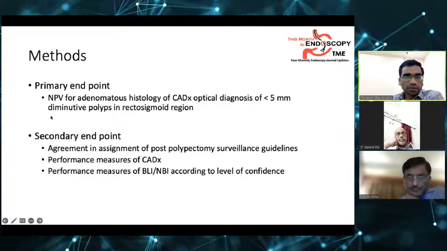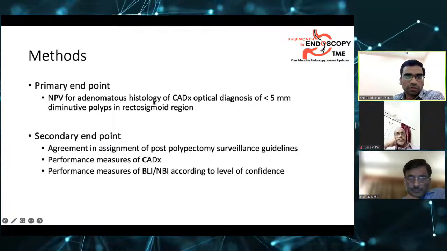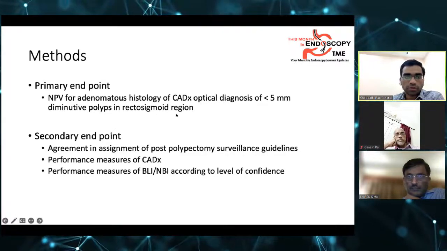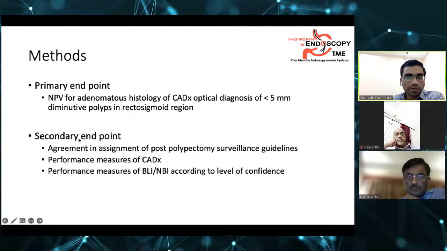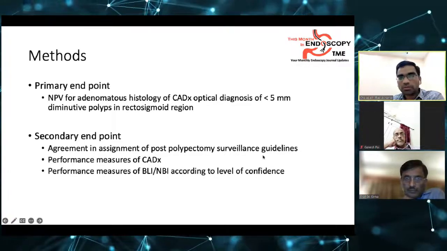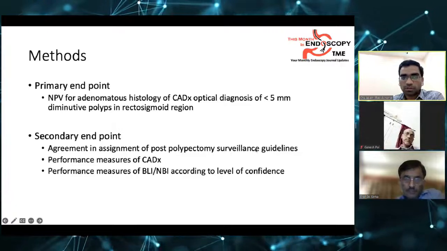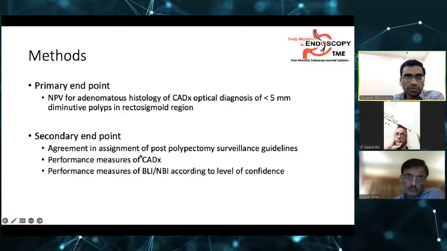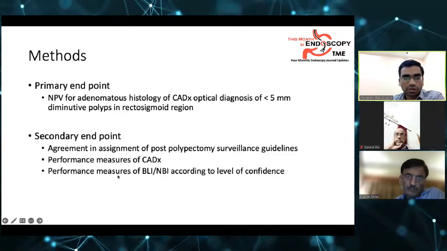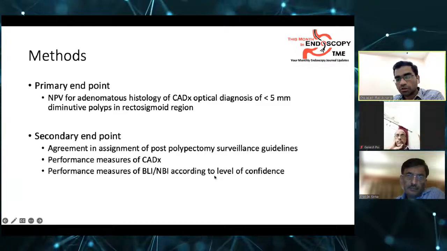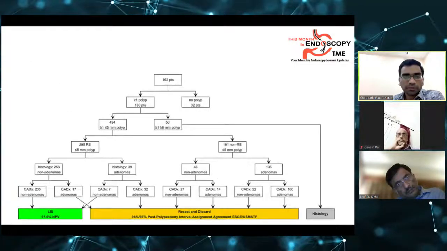The primary endpoint is the negative predictive value for adenomatous histology of CADx optical diagnosis of diminutive polyps in the rectosigmoid region, and the secondary endpoint is the agreement in assignment of post-polypectomy surveillance guidelines, both European and US multi-society task force guidelines. The performance measures for CADx and for virtual chromoendoscopy were recorded in accordance with the level of confidence.